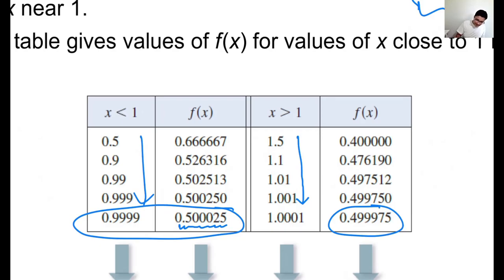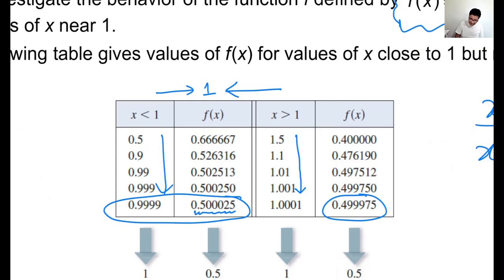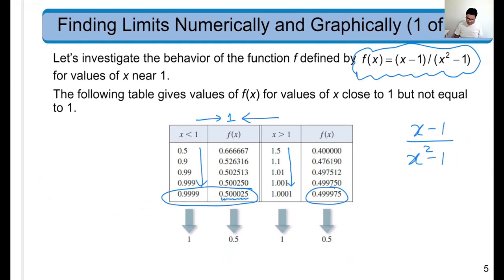What are we doing here? In both the sides, we are getting closer to 1. 1 is here. From both left and right, we are getting close to 1 in the domain, the x values, and we are observing the y values. Okay. So by looking at this pattern, what these arrows are showing here, ultimately, when x gets to 1, this is from left, that is the language we use.